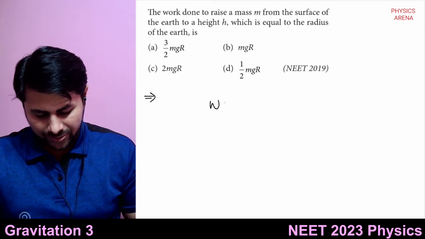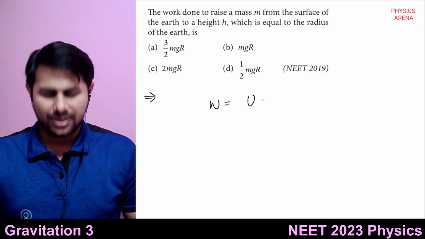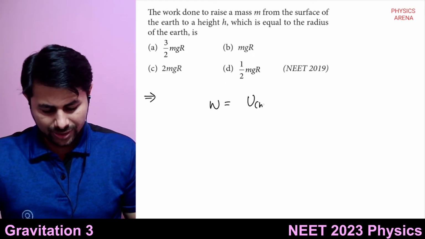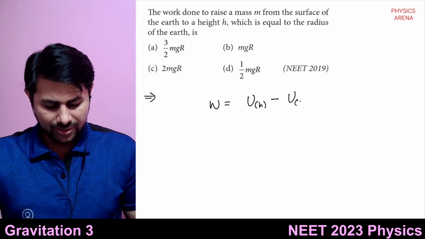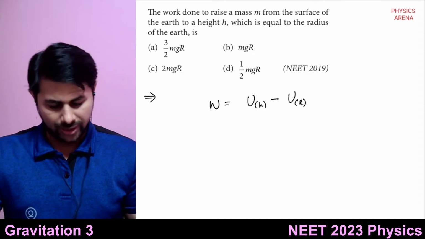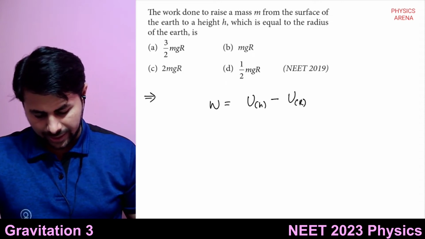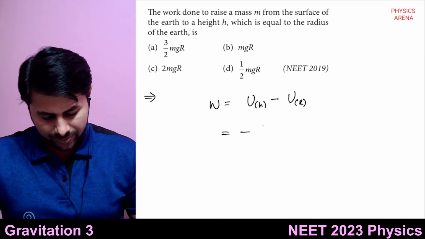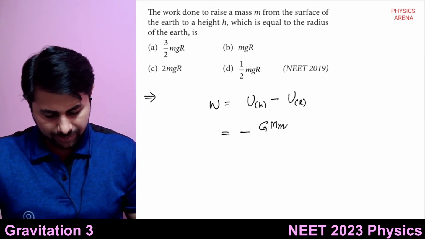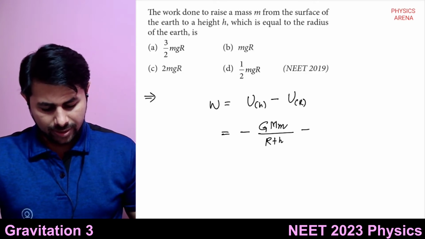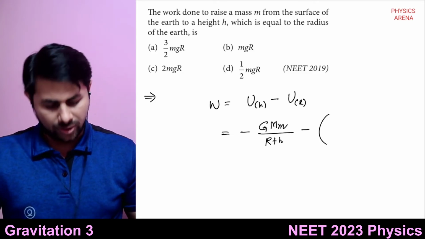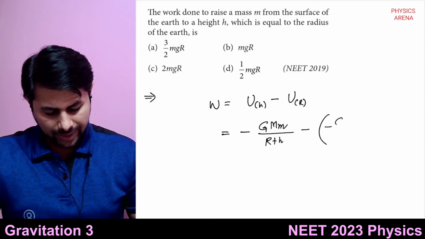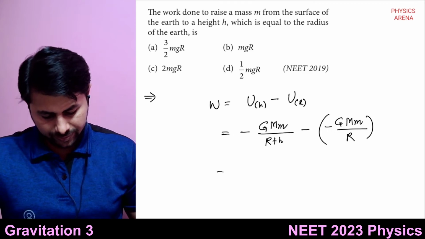So work done is equal to potential energy at height h minus potential energy at r. The potential energy at height h is minus G times M into m divided by r plus h, minus the potential energy on Earth's surface, which is minus G times M multiplied by m divided by r.